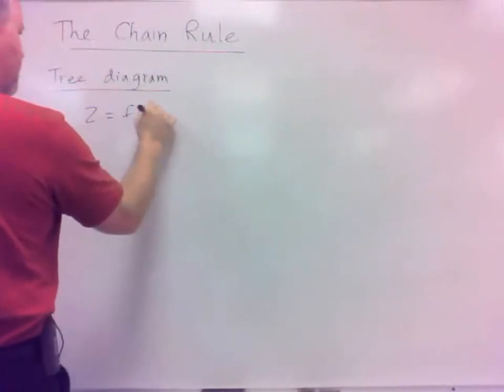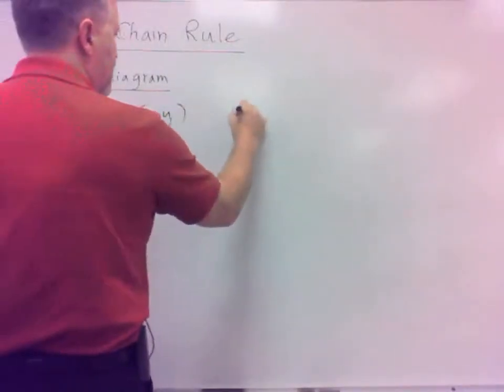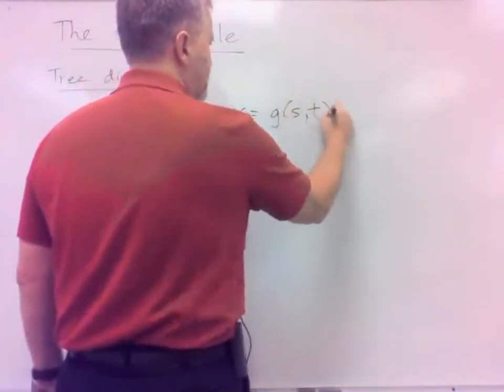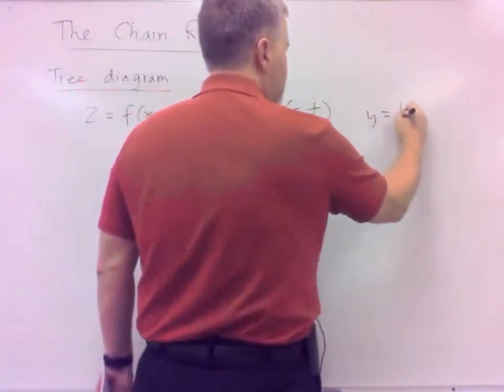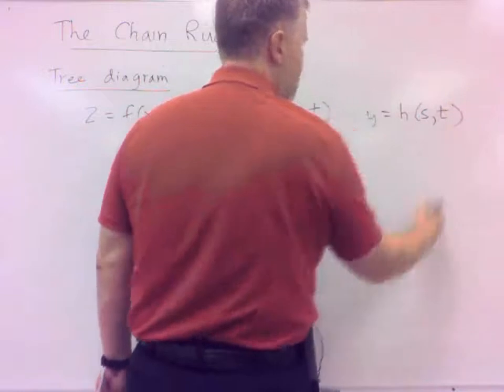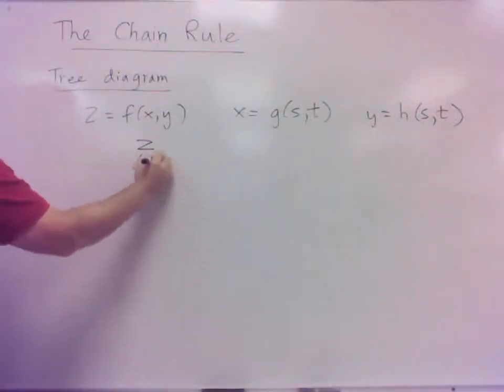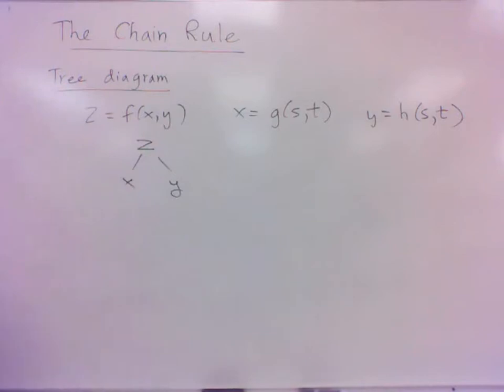Now if we have z equals f of xy, and then x is a function of s and t like we had, g of s and t. Y is also a function of s and t, h of st, let's call it. Then again, we've got z, got x and y combining to make it.